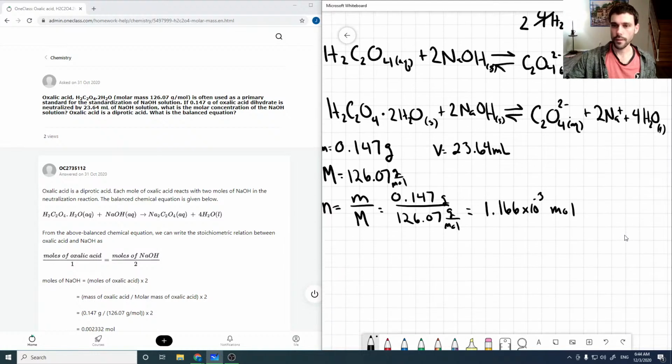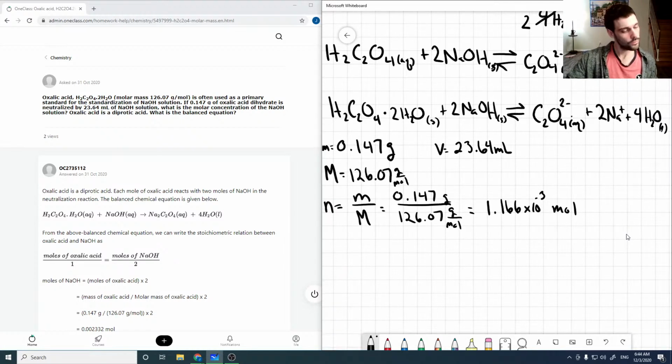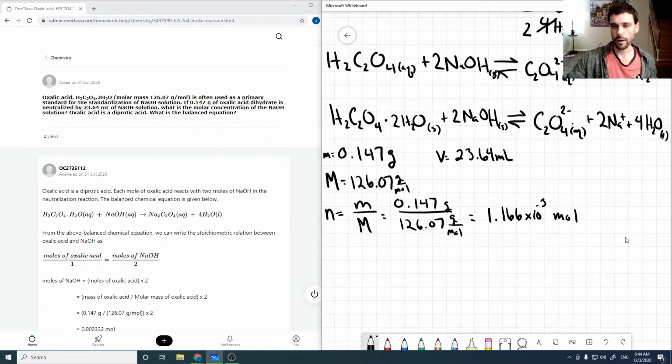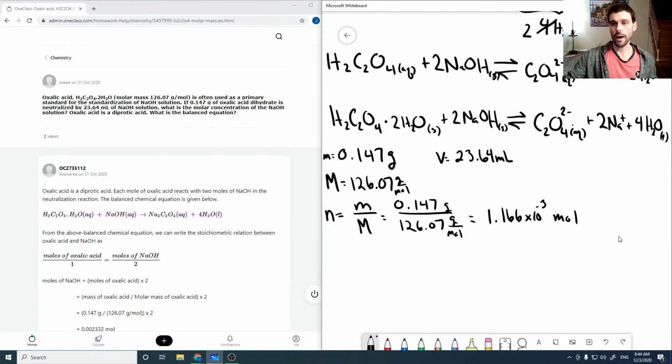Okay, and then if we look at our balanced equation, it takes 2 moles of NaOH per 1 mole of our oxalic acid. So that means the number of moles of our NaOH is 2 times this value that we just calculated.